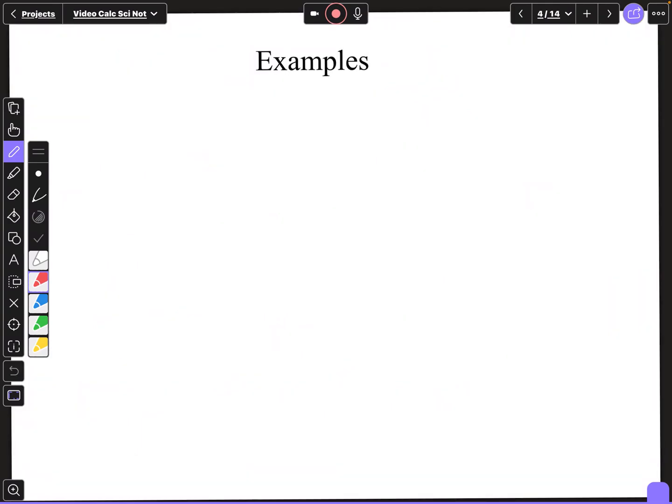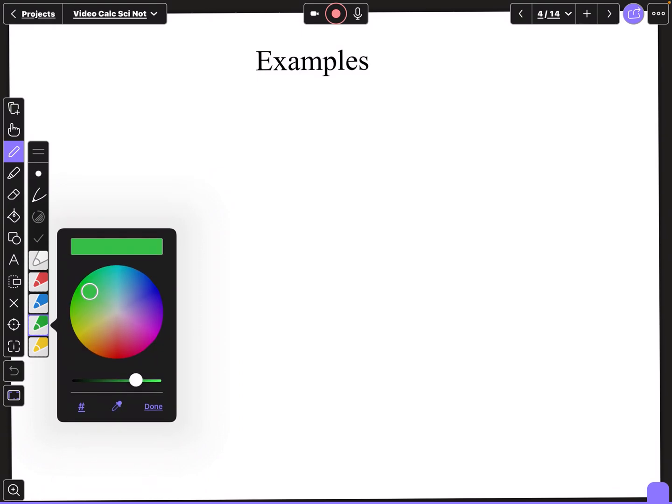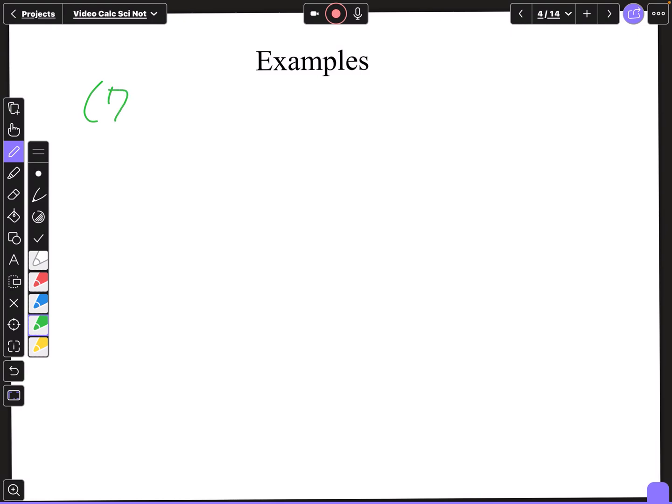All right, so if we look at some other examples, let's say I have 7.3 times 10 to the 3rd plus 1.1 times 10 to the 3rd.